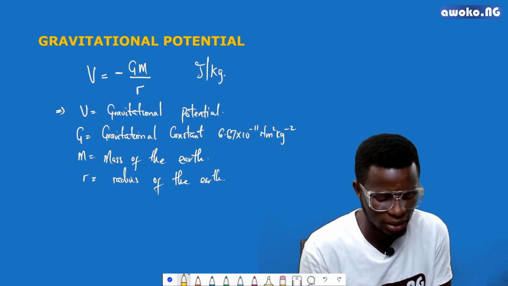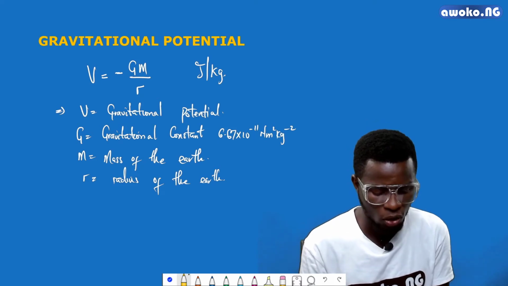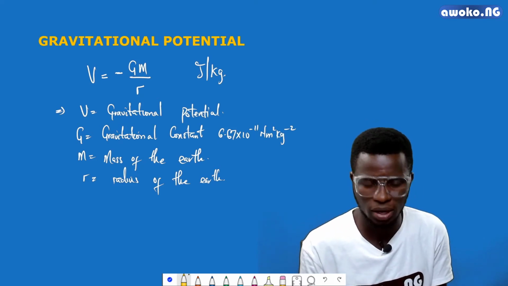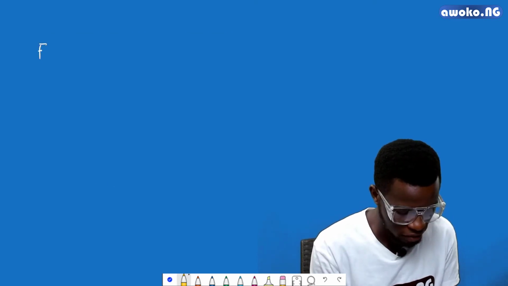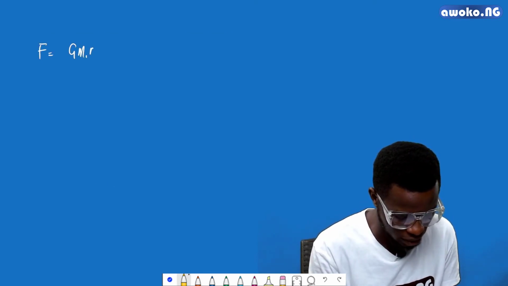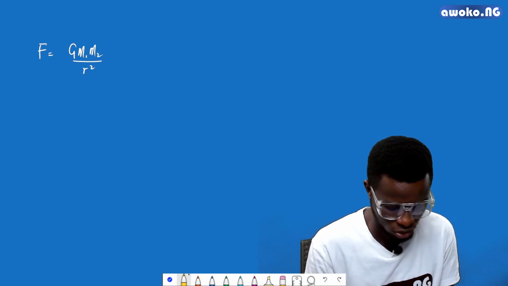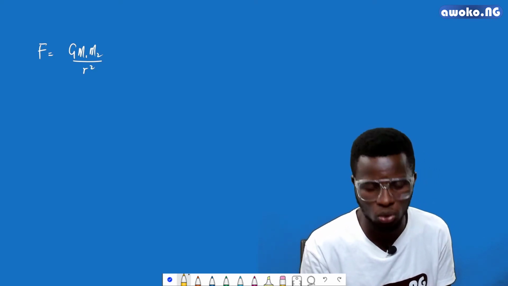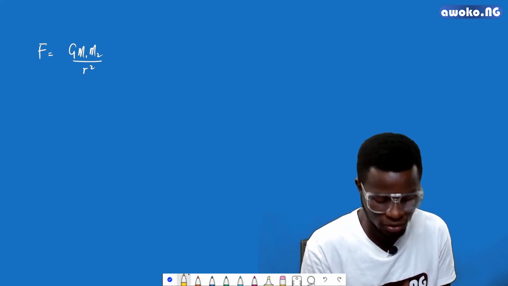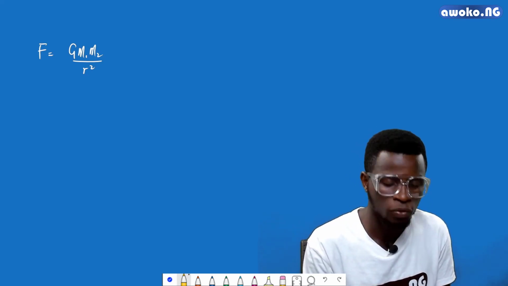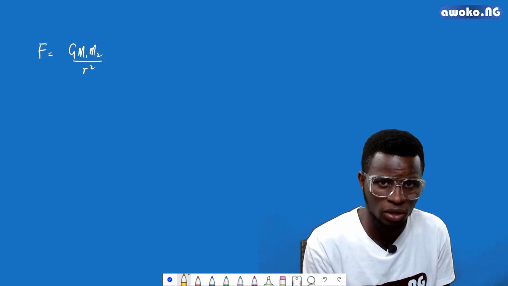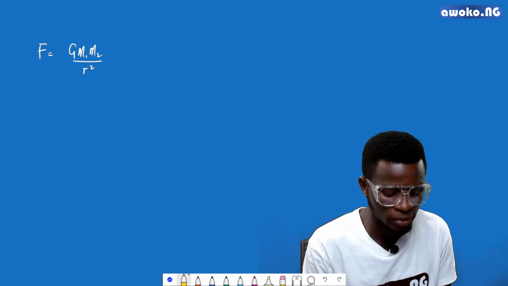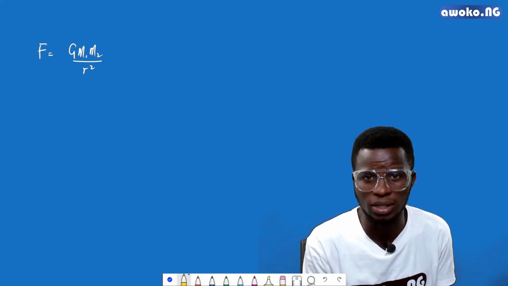We can relate the gravitational potential of the body to its gravitational force. How can we do that? Let us recall that F = Gm1m2/r squared from our first class. The force of attraction between two bodies is equal to the product of the gravitational constant and the two masses, all over the square of the distance between them.